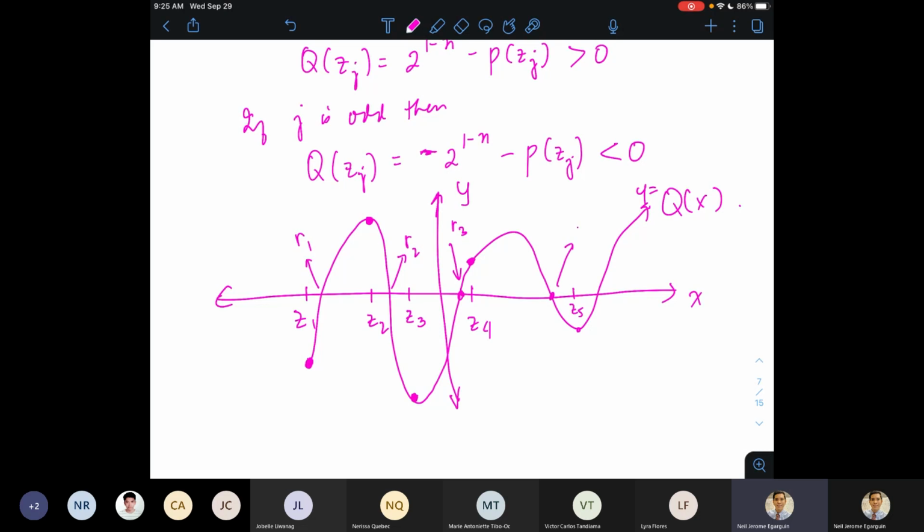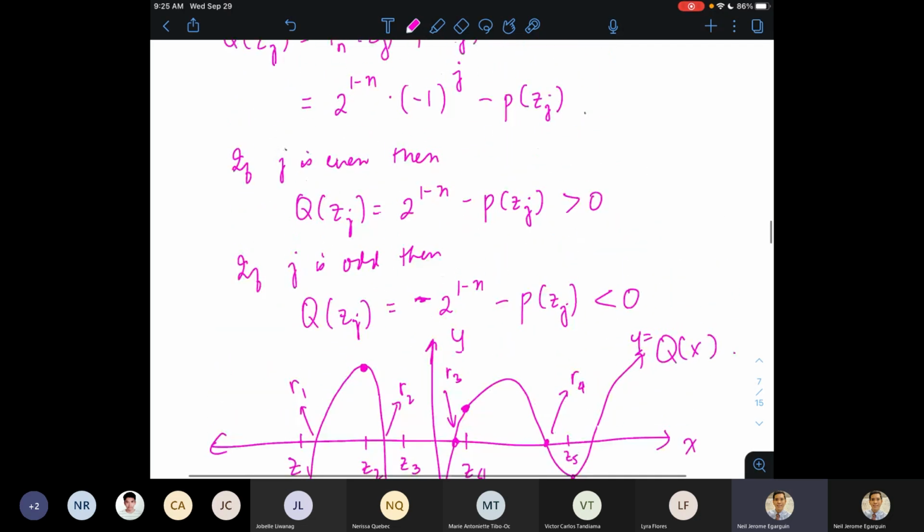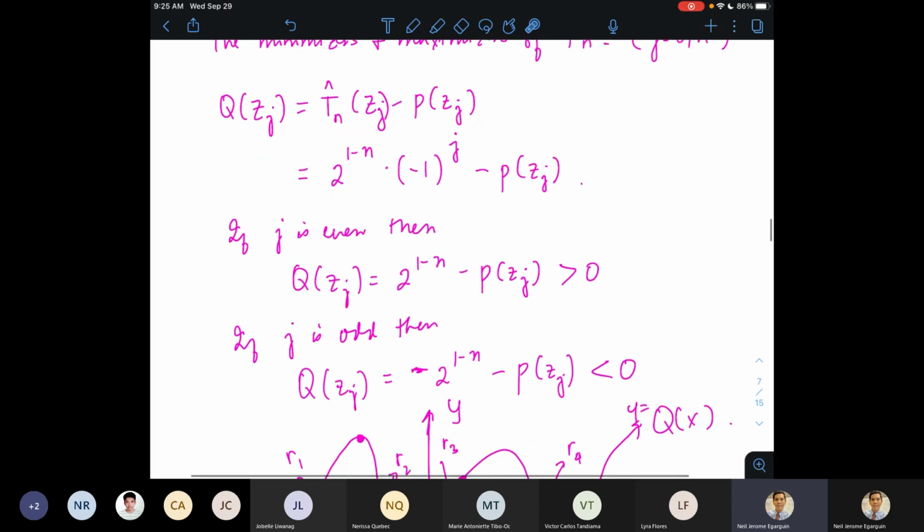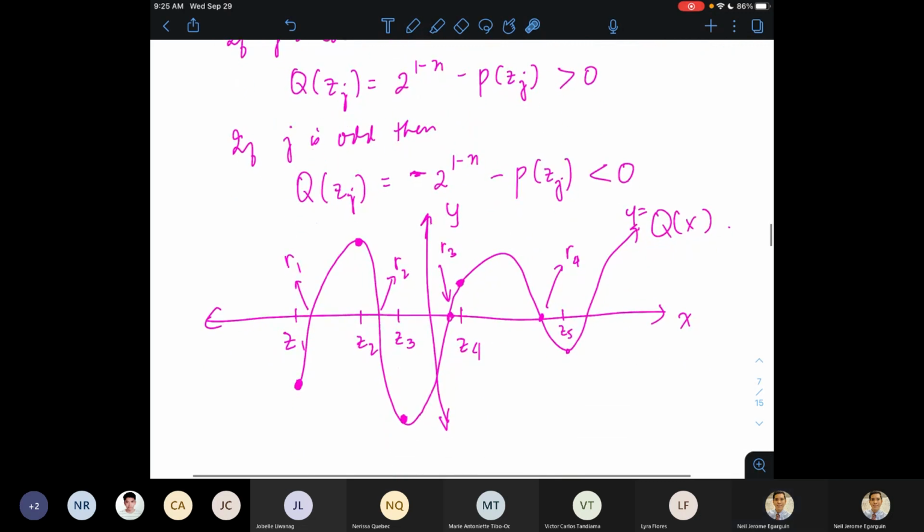This is root 4. And so on. So how many roots can I get? I have n plus 1 values of j where Q alternates. Remember, j goes from 0 to n. So that means I have n plus 1 values of j. Then the values Q of ζ_j alternate between negative and positive. And this is the illustration. How many roots does Q have?